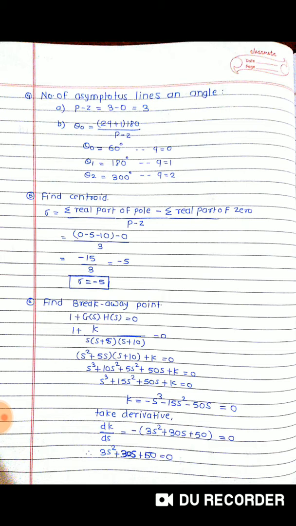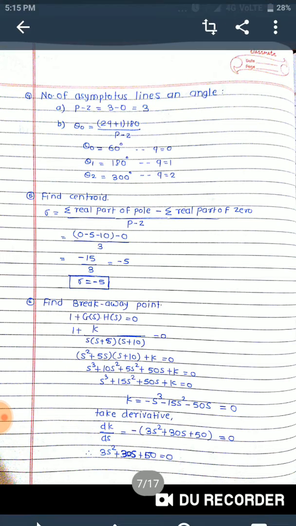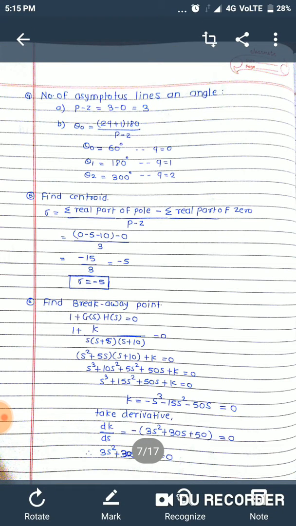Then we find the angles. As there are 3 asymptote lines, there will be 3 angles: theta 0, theta 1, theta 2, found by putting q equal to 0, 1 and 2 respectively. We got theta 0 equal to 60 degrees, theta 1 equal to 180 degrees, and theta 2 equal to 300 degrees.